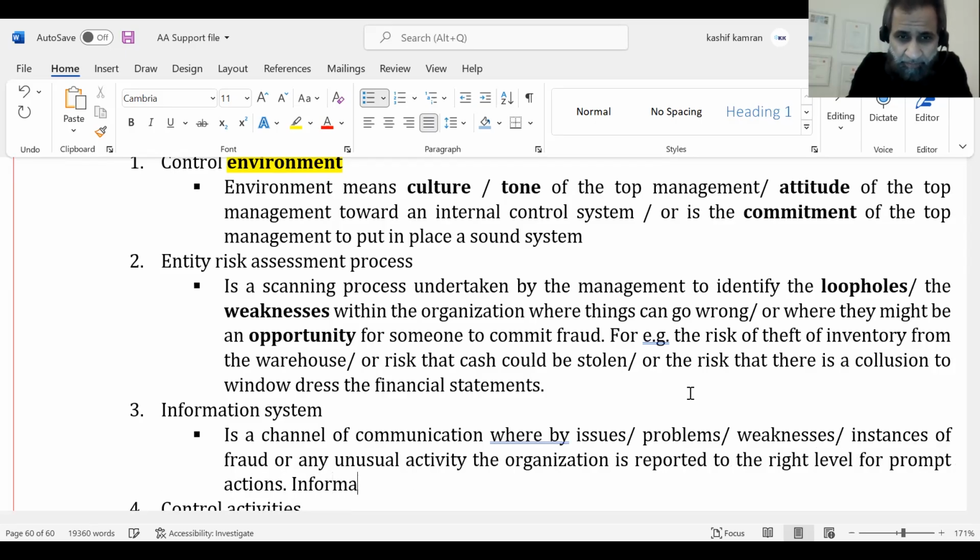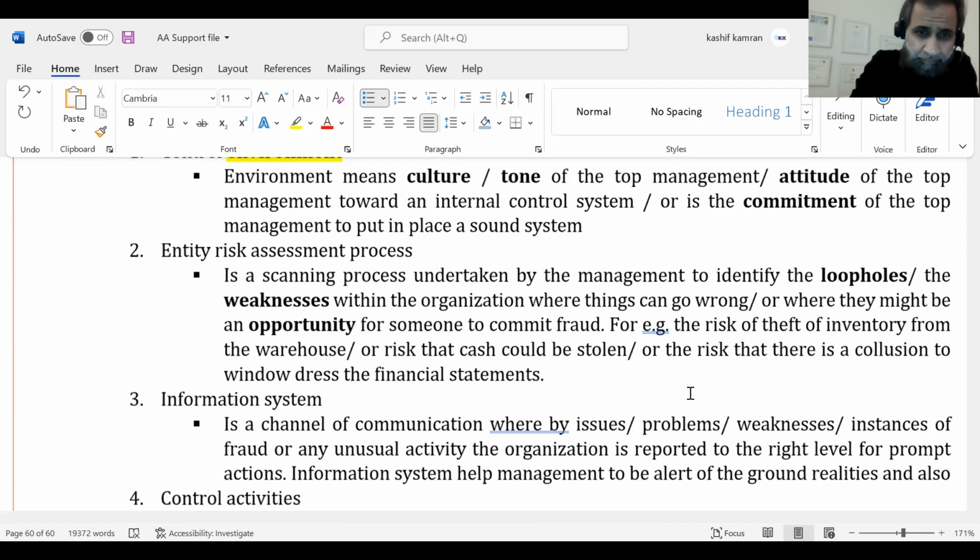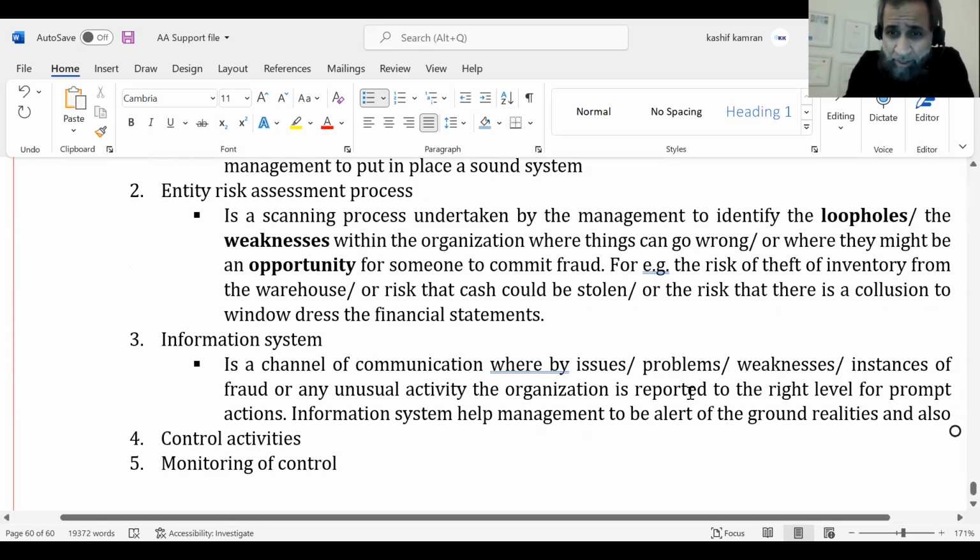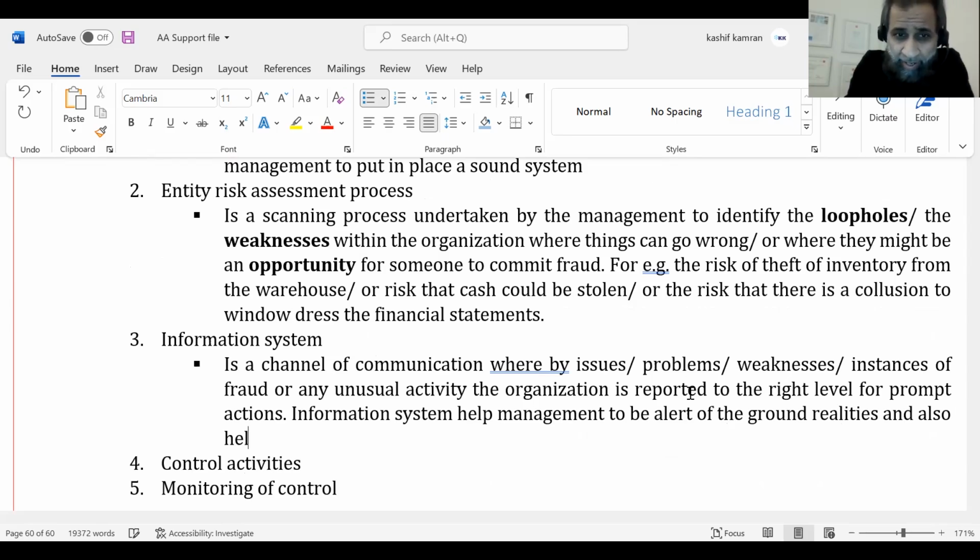Information system helps management to be alert of the ground realities, and also helps them with the risk assessment process.